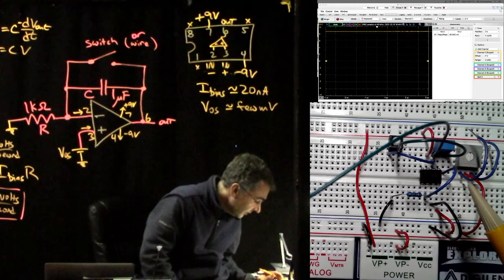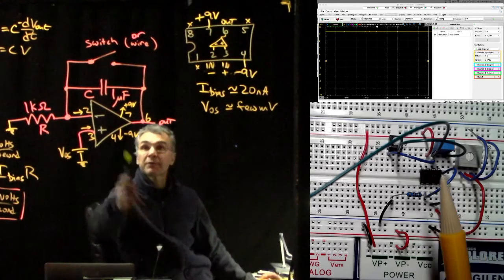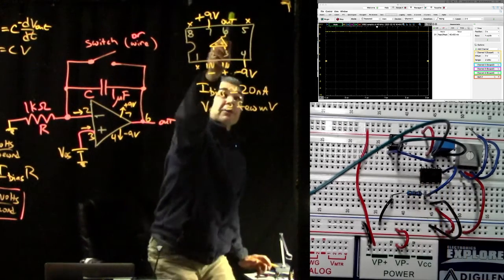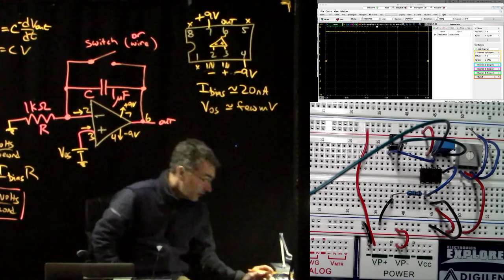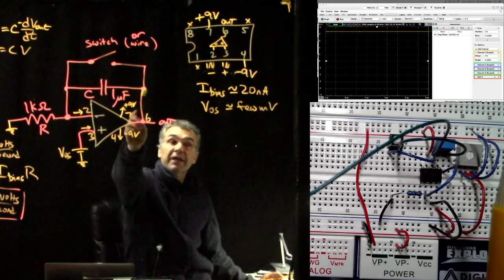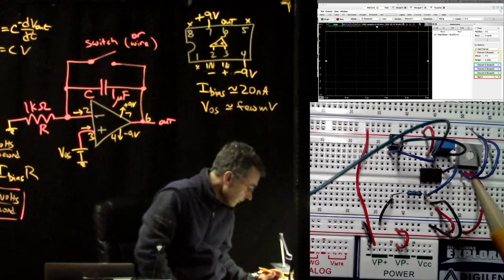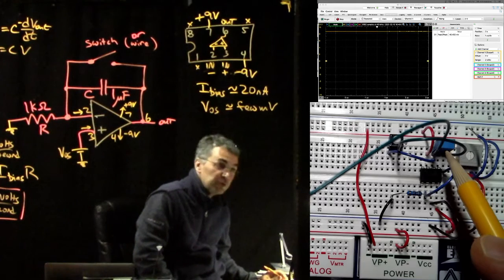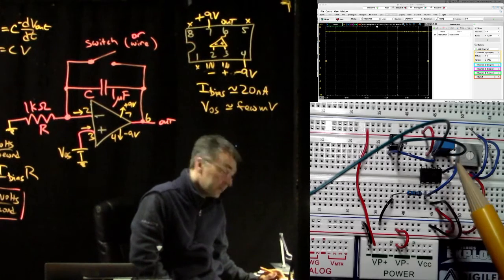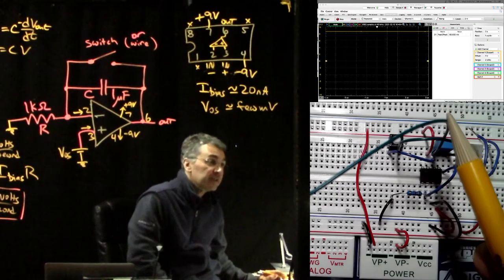And then pin 6 is the op amp output, so it's connected to one end of this capacitor. This blue capacitor you see here, the left end of this capacitor goes to pin 6. And then this green wire here is going to scope channel 1, the yellow scope channel.